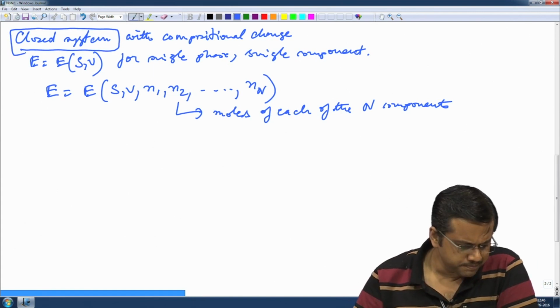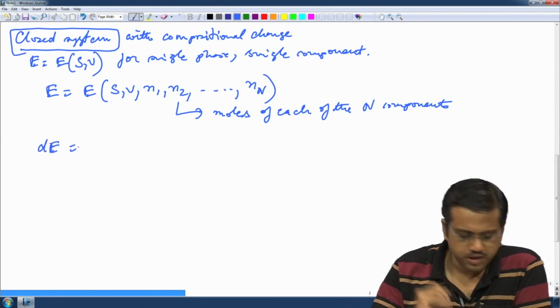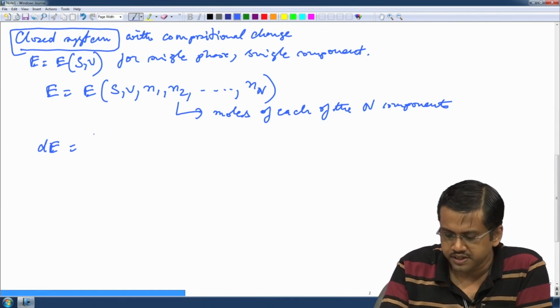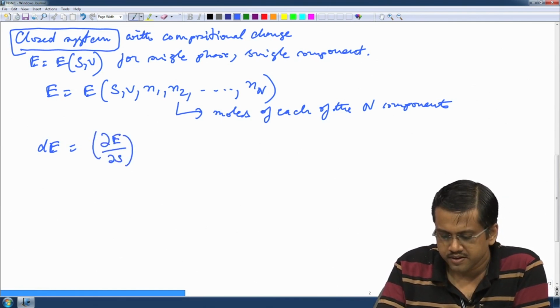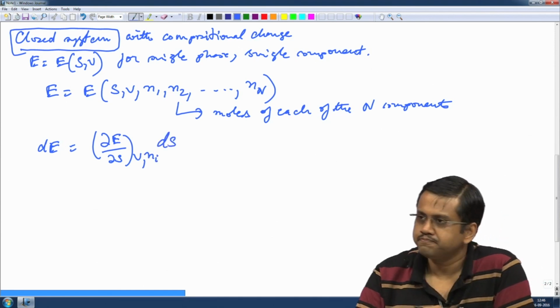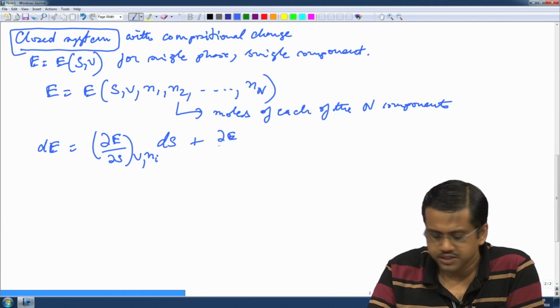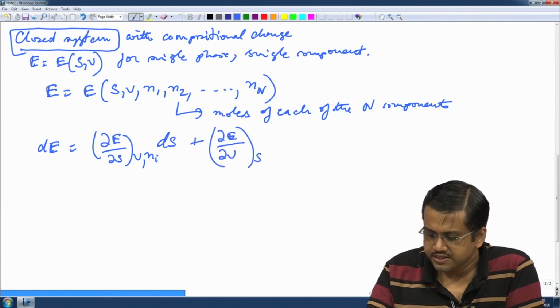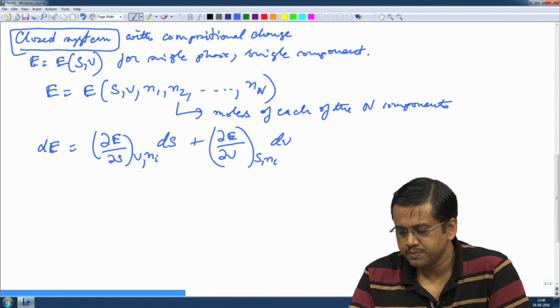Now, if I do a total differential of this, you can guess that this will be the first term, correct. The second term will be, as you can guess, very standard, dE by dV at constant S and Ni, times dV.